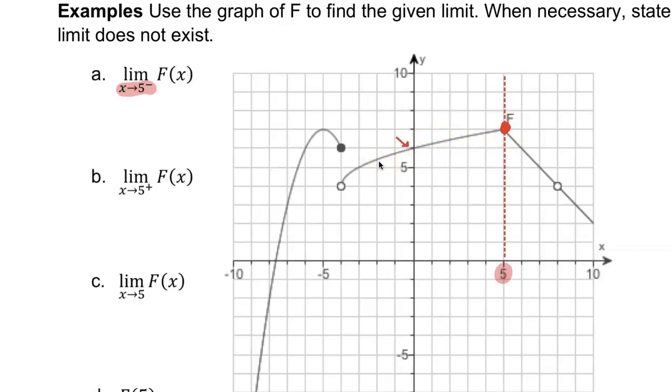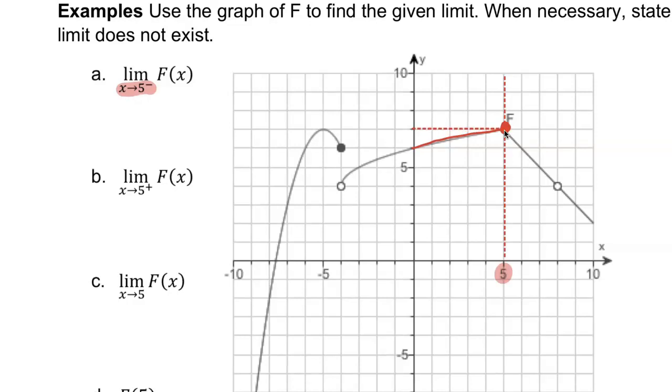That's to the left, right? So if I start here and get closer and closer to that dotted line, what is the function value approaching? What is the y value of that dot? The y value is up here.